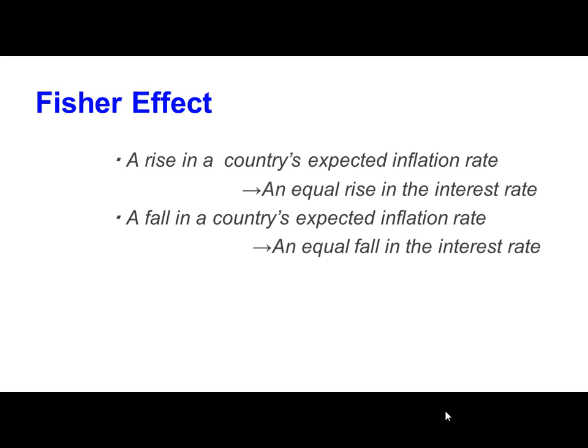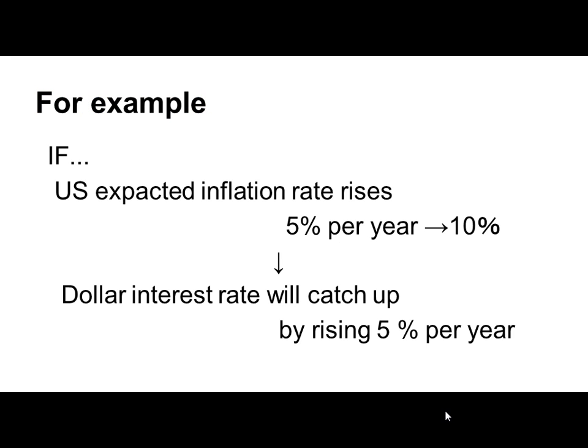This long-run relationship is called the Fisher effect. For example, suppose that the U.S. inflation rate were to rise permanently from a constant level of 5% a year to 10% per year. Then the dollar interest rate would eventually catch up by rising 5% per year from its initial level.